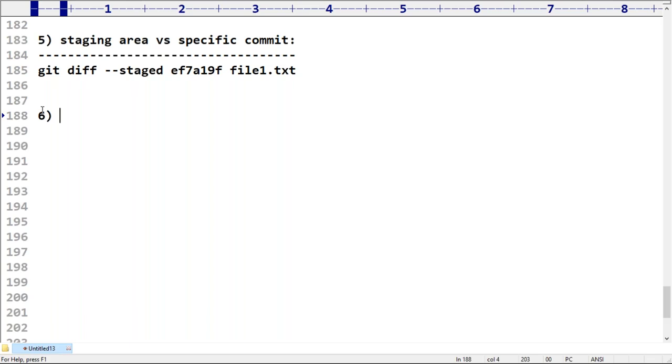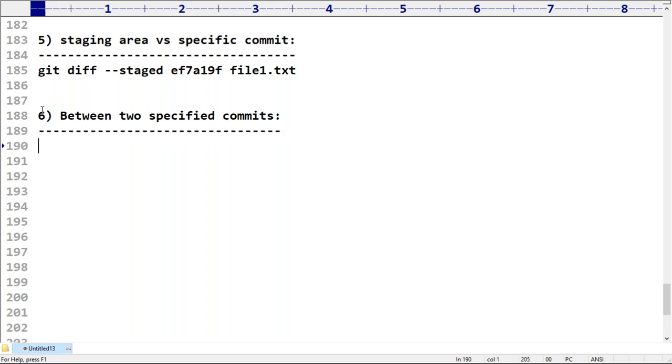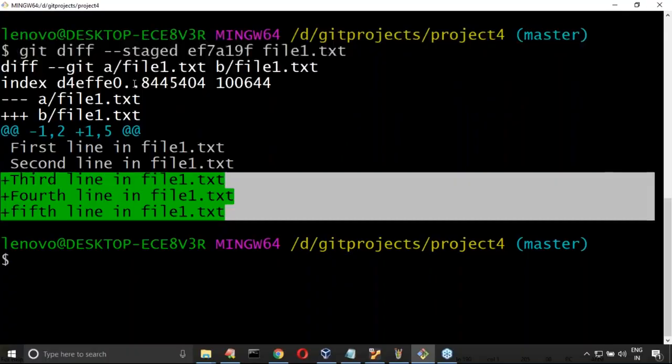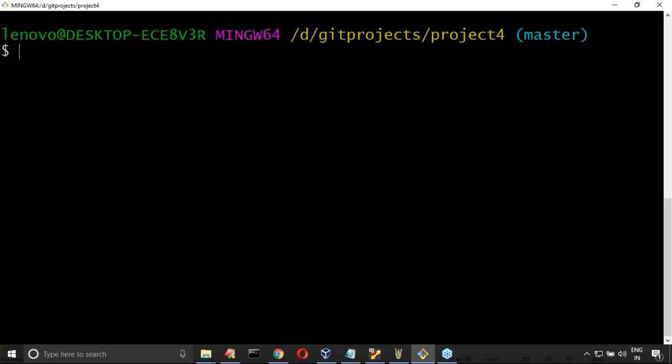What is the difference in the content? I want to know. Between two specified commits, how can we do that?